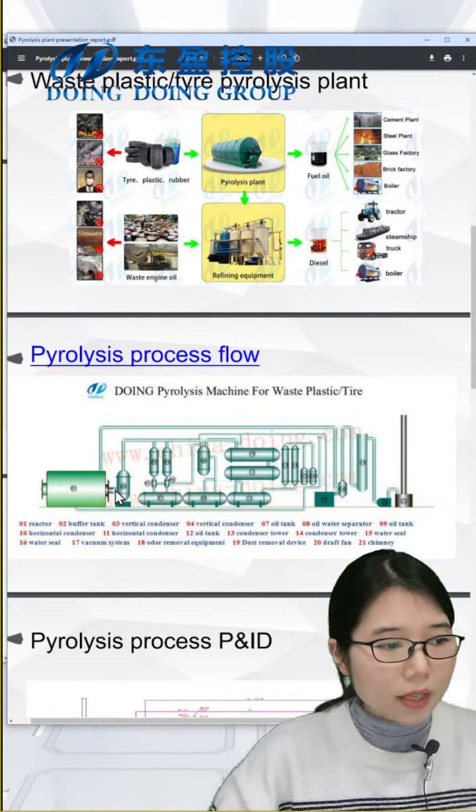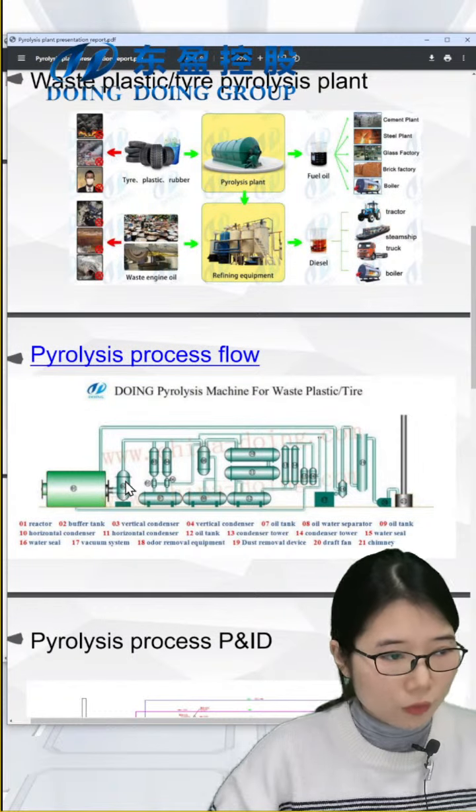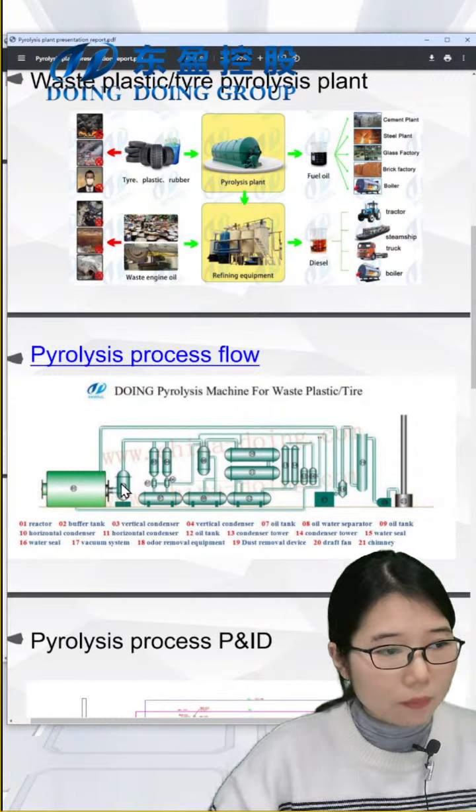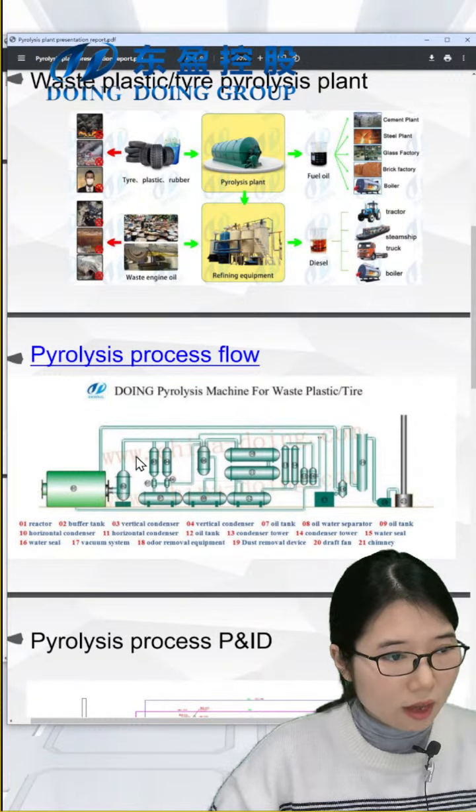The oil gas will pass through the first buffer tank to relieve the oil gas flow rate, and it can also remove some impurities.